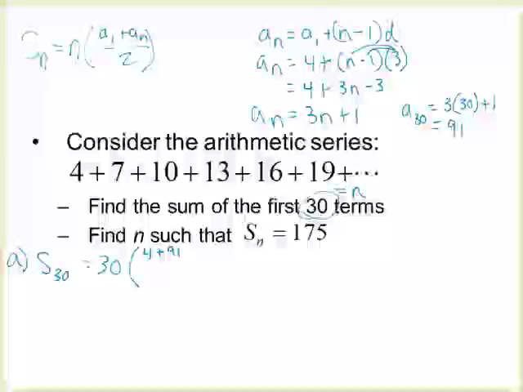So we're going to plug a 91 in there and divide by 2. Then we use our calculator to work out the arithmetic, being careful with order of operations and parentheses, and get 1,425. Questions on that part?